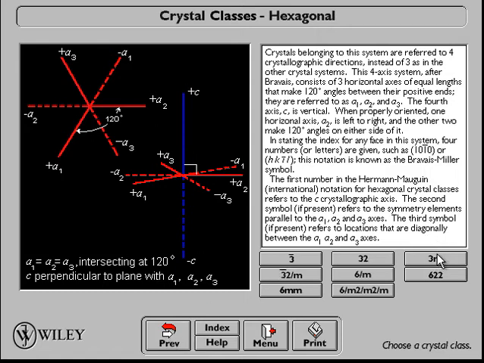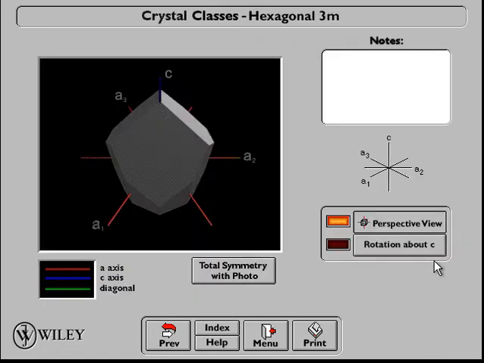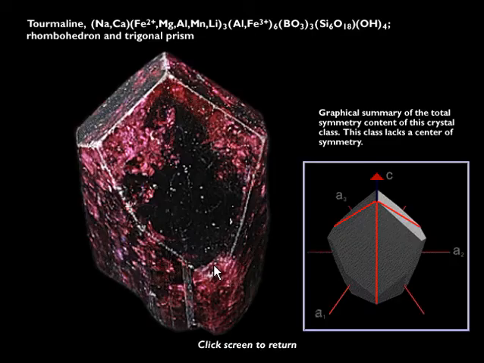Now we are going to 3m. We have the hexagonal class 3m, and as usual we are starting with the total symmetry with a photo.